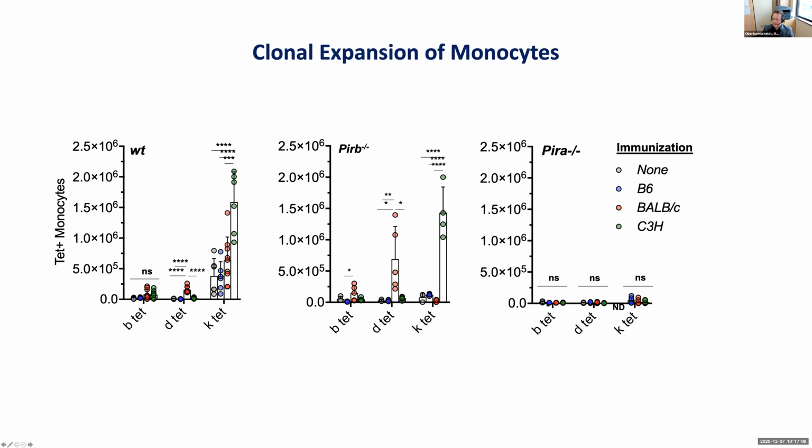And to confirm that these tetramers are really binding to the PRA molecules, we use the PRA knockout as recipient. And you can see that we find very little to no binding irrespective of which cells we immunize with, indicating that we see clonal expansion of monocytes after encountering a primary immunization.